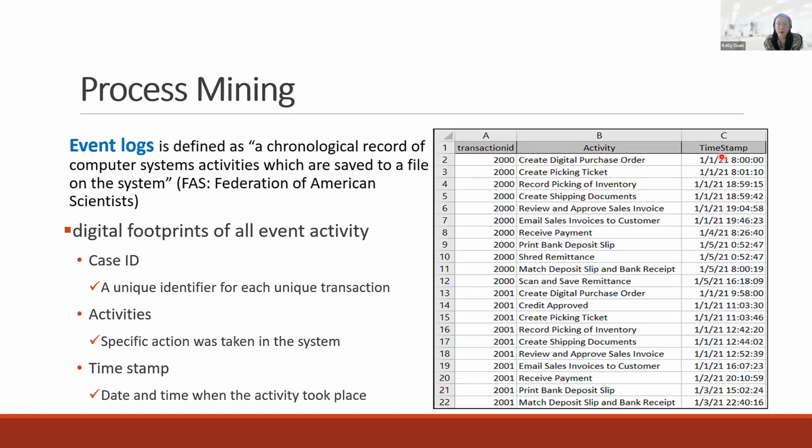As you can see, the third column is called a timestamp. It shows the time each activity occurred, including the date, month, year, hours, minutes, even the seconds. Together, all these activities are related to one transaction ID and show every activity related to a single sale that the company made.